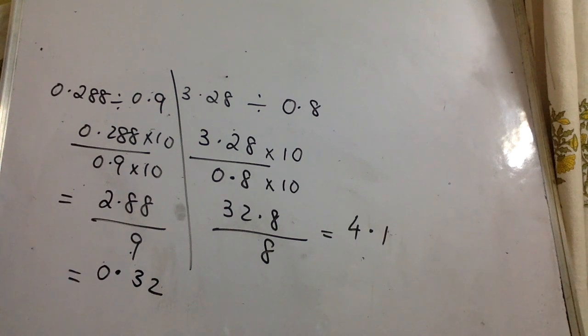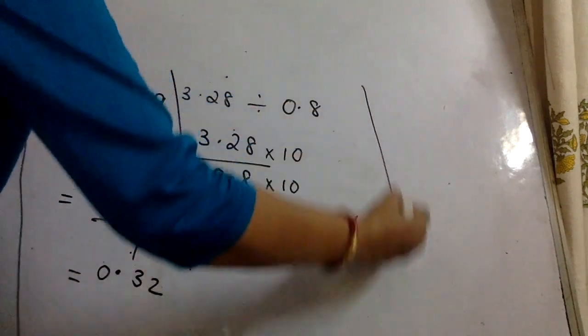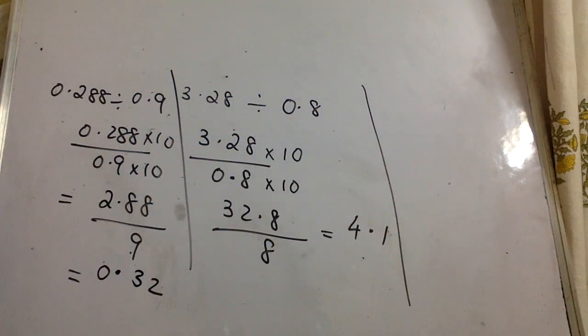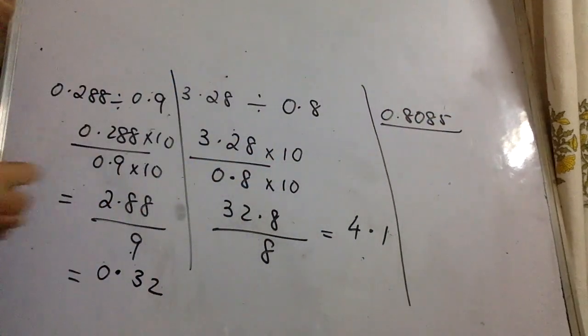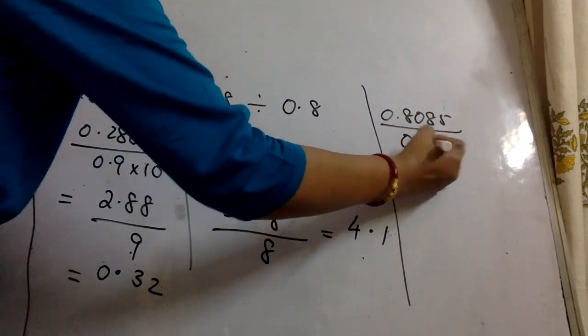Next one, let me take some number. Here is the sum. It goes like this: 0.8085 divided by 0.35.